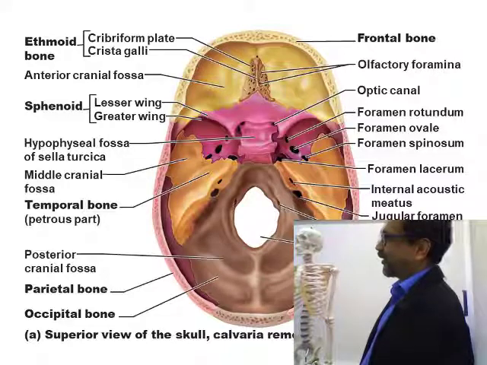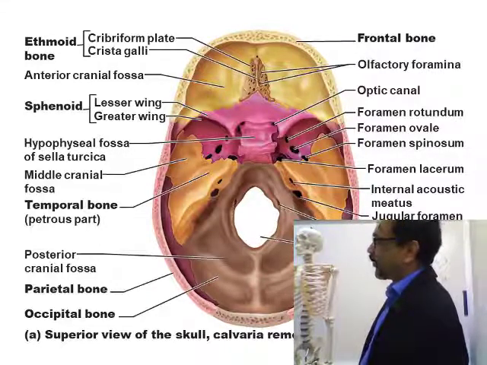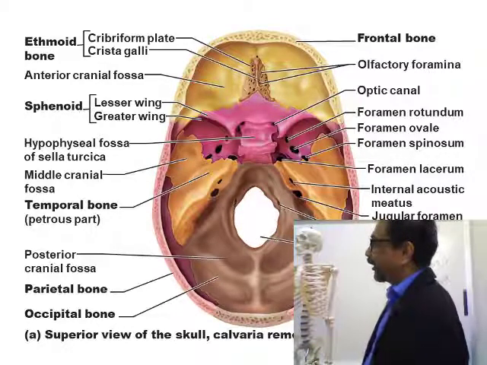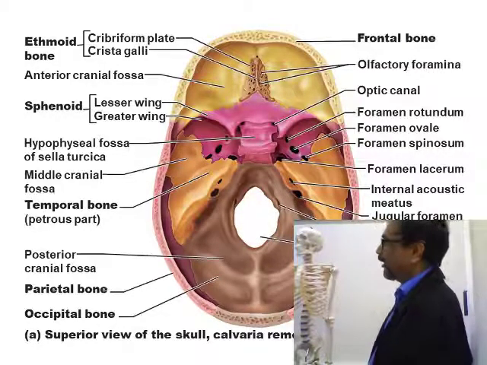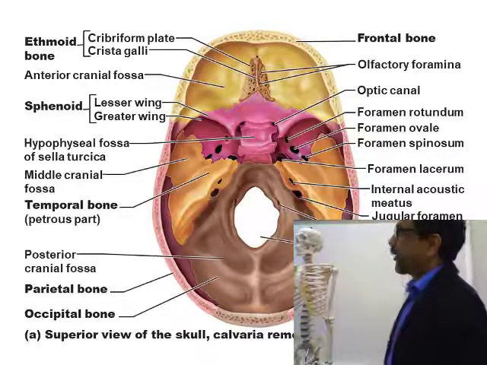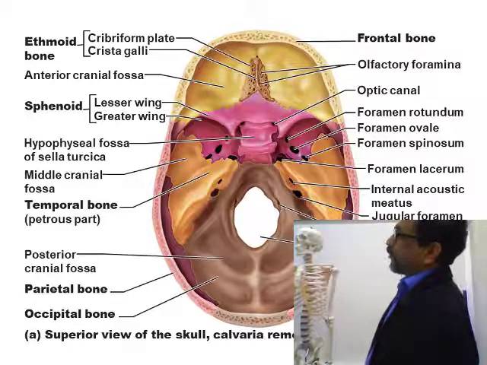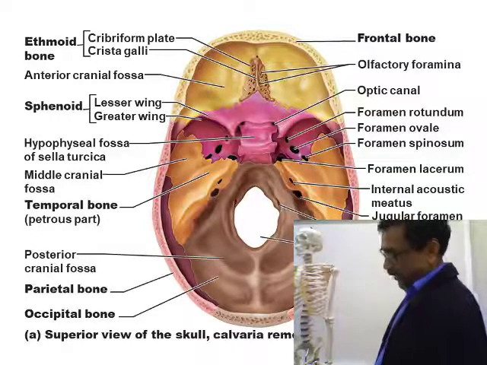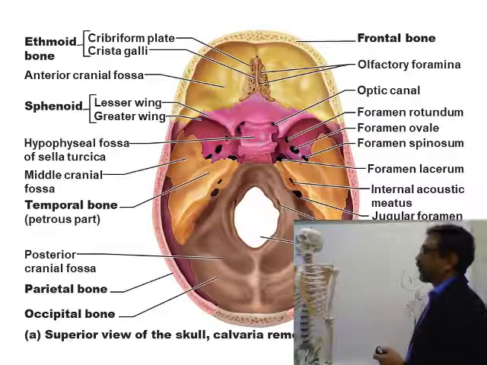You again see the two greater wings, two lesser wings, right? The optic canal, we have already talked about that. The hypophyseal fossa for the pituitary gland. You see the foramen ovale, right? So that's the sphenoid. Now, in front of the sphenoid, you can see the very top part of the ethmoid.